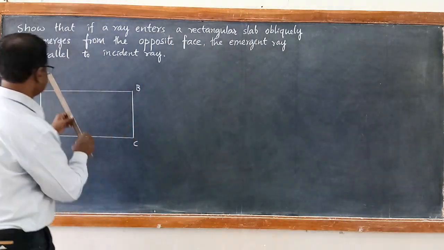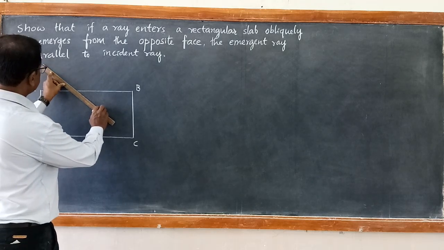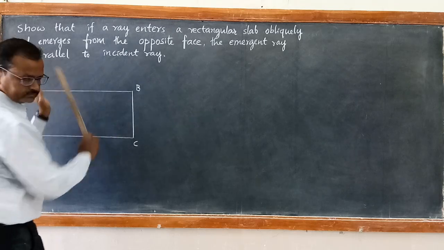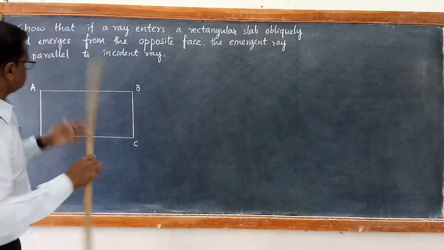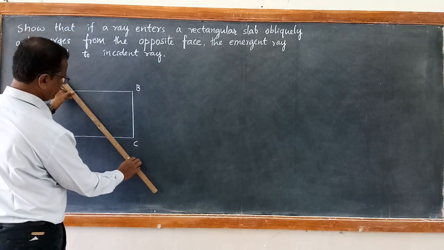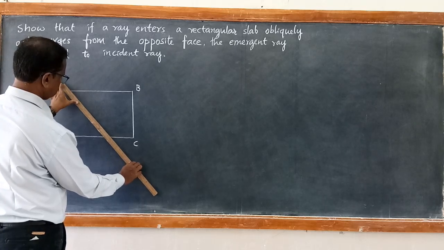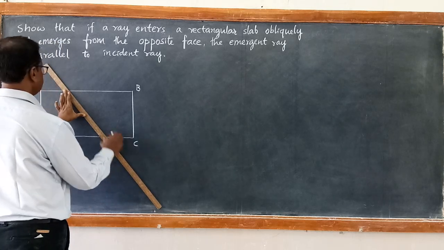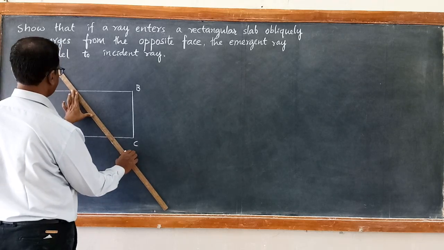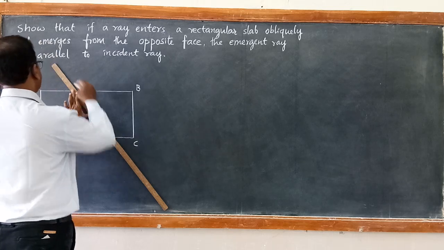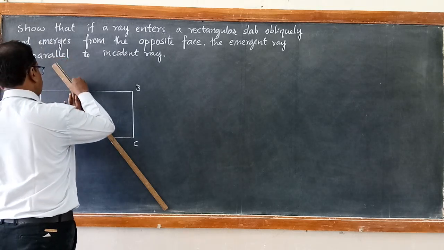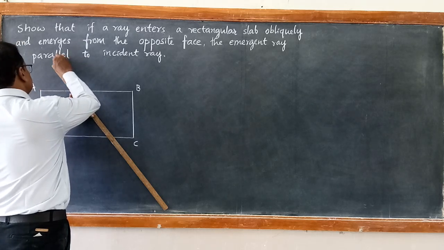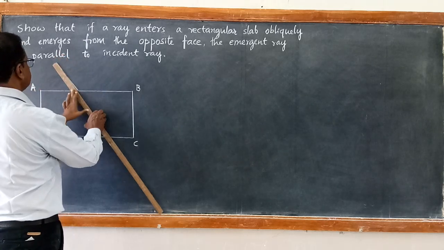Suppose there is a ray of light incident obliquely. This is the incident ray of light.